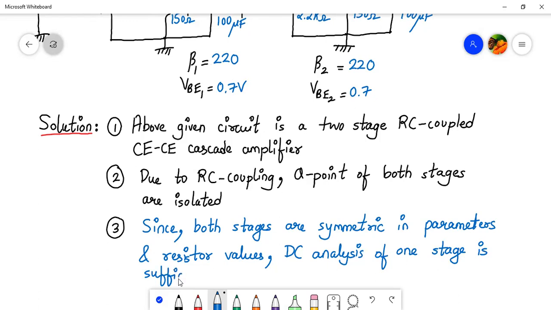Once we find the DC Q point for the first stage, the Q point for the first stage is equal to the Q point of the second stage.